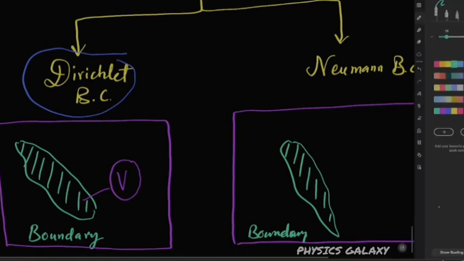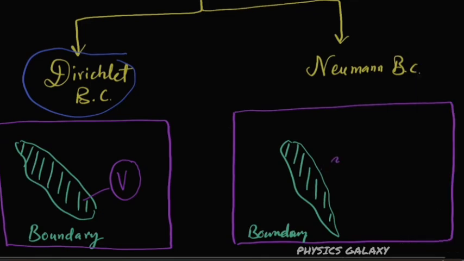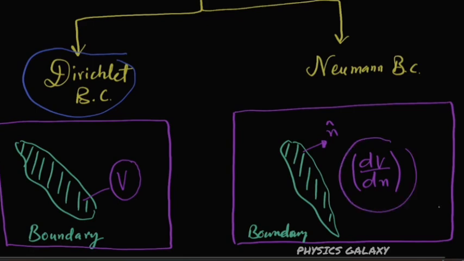That means I have to take dV by dn, where n is the perpendicular component, the normal vector n. This is what I have to specify for each and every boundary. So this is the Neumann boundary condition, and this one is the Dirichlet boundary condition.